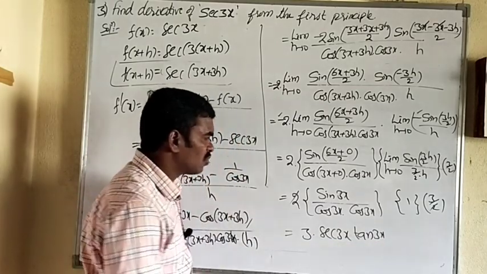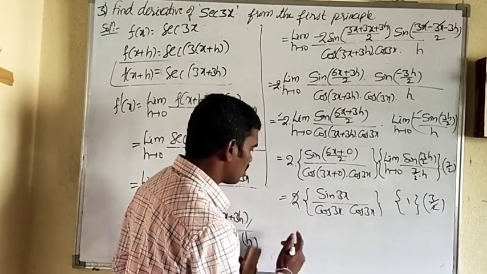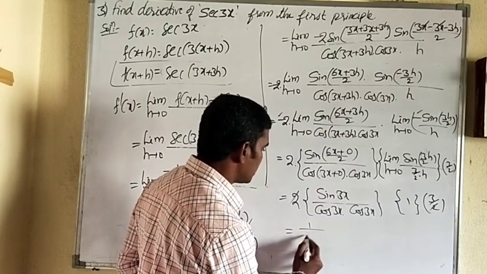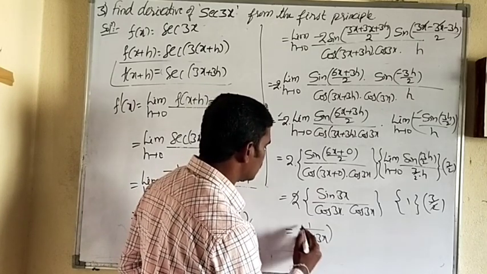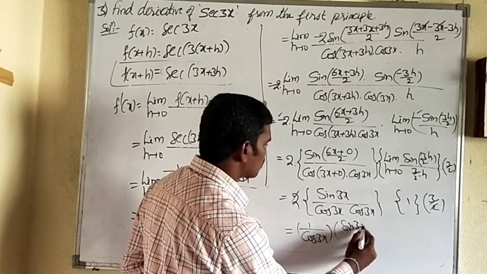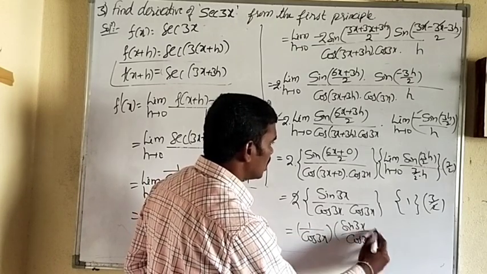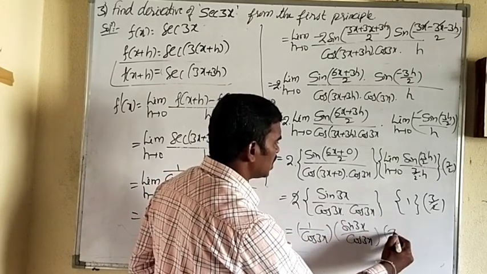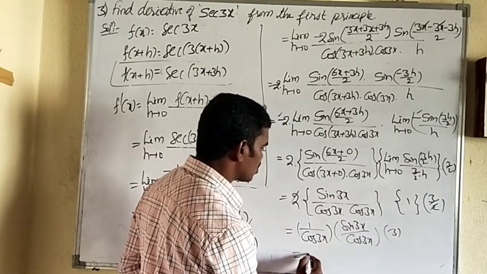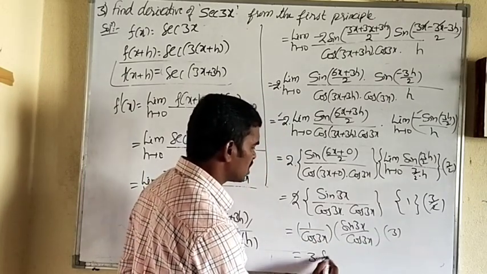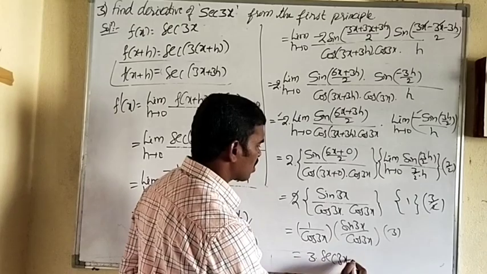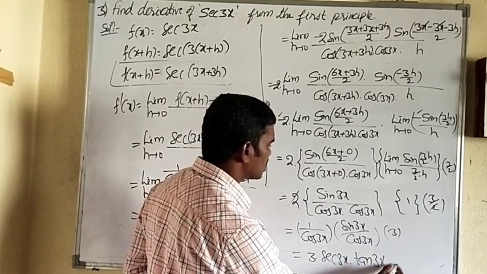Any doubt? Can I write one more step? Finally, because the last step is important, we can write splitting 1 by cos 3x into sin 3x by cos 3x, into 1 into 3. So 3 into 1 by cos means sec, sin by cos means tan. So this is the answer.